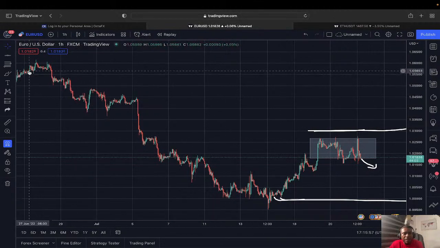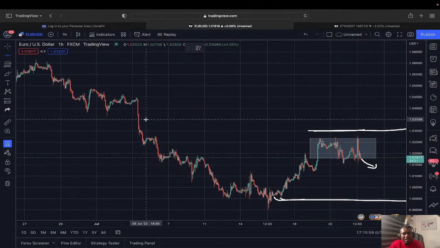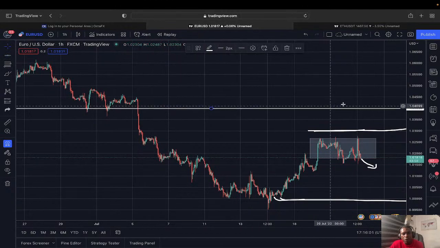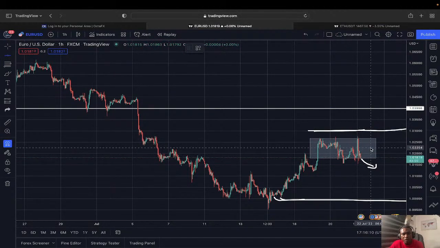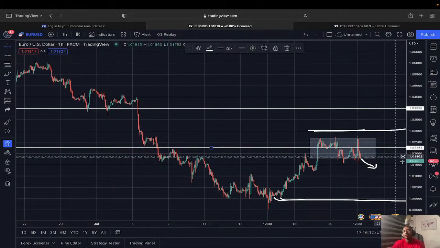When you buy, your target here is your take profit level, and your stop loss would be inside the support level of the ranging chart. See the support level here.